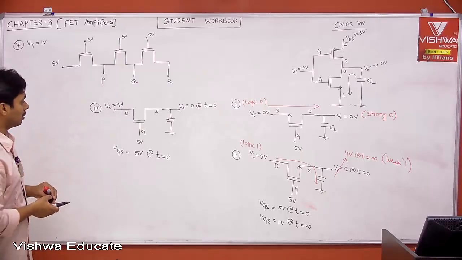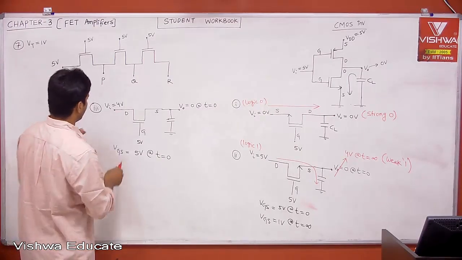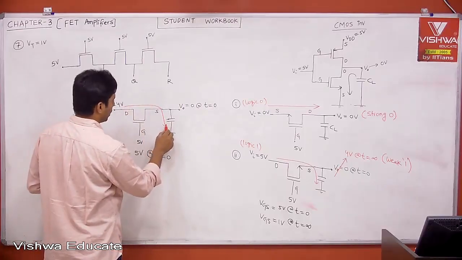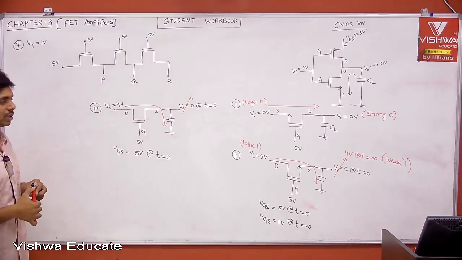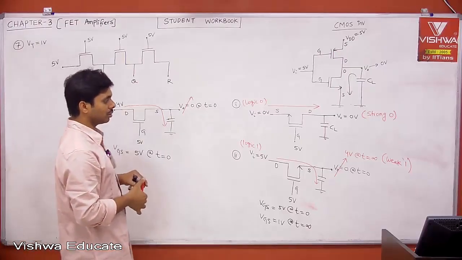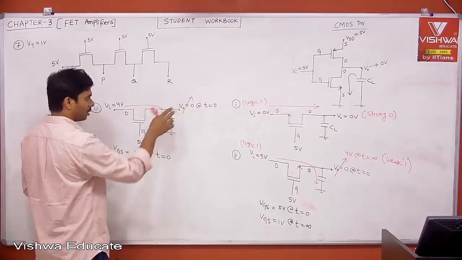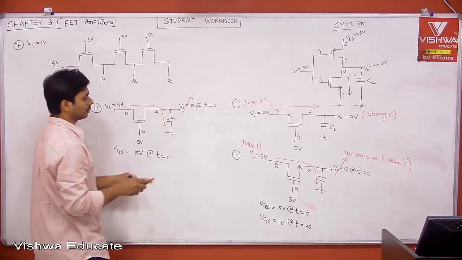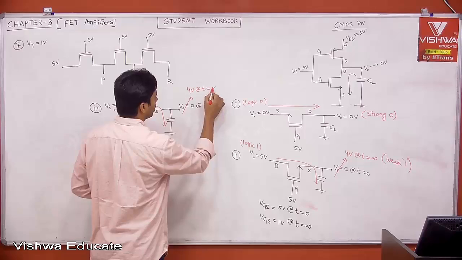Now, as the capacitor is charging through the input, this voltage is increasing. You may think that it will go to one VT drop, 4 minus 1, 3. No, it will go to 4 volt as it is at the time t equal to infinity.